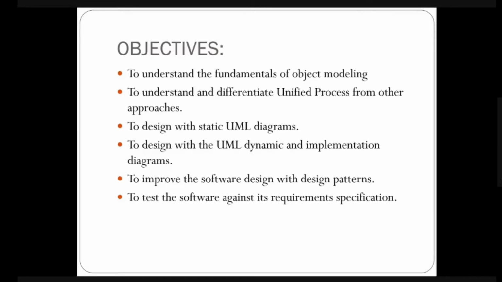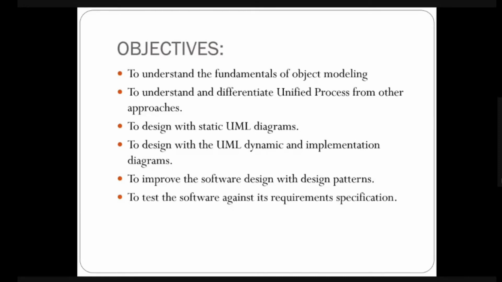In a dynamic diagram, what we are going to do is define our workflow. What data we are going to transfer from class 1 to class 2. If our data is transferred to class 2, what will class 2 do with my data, and what will be the output.